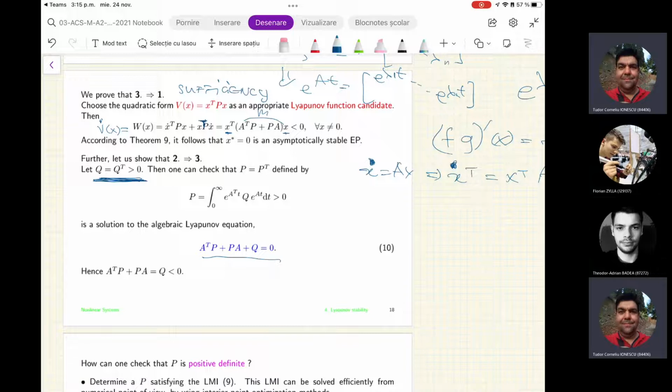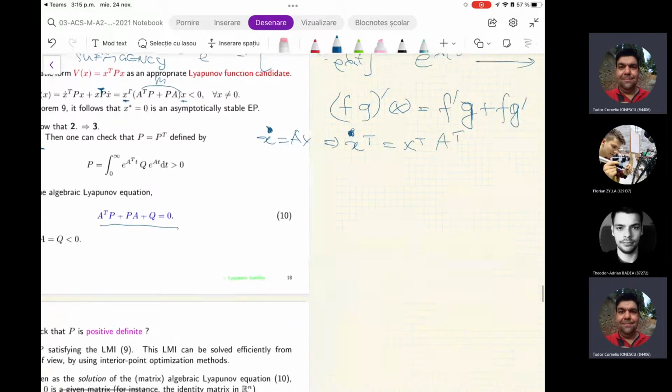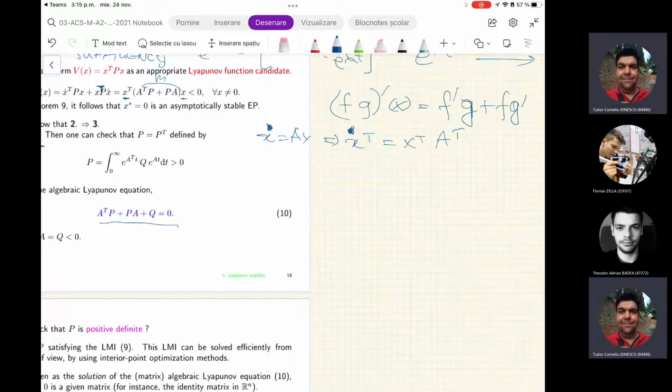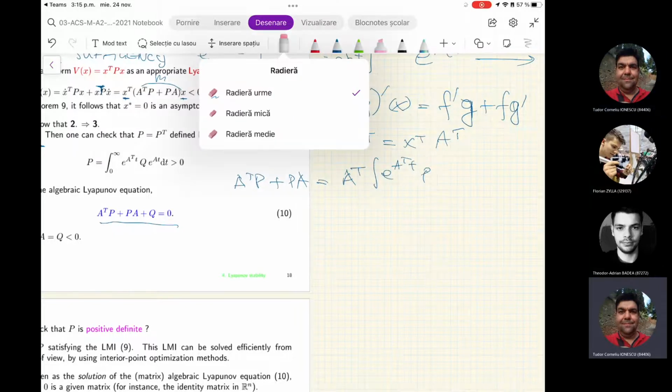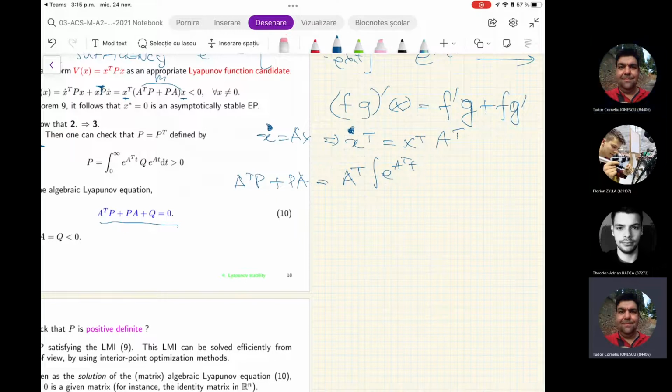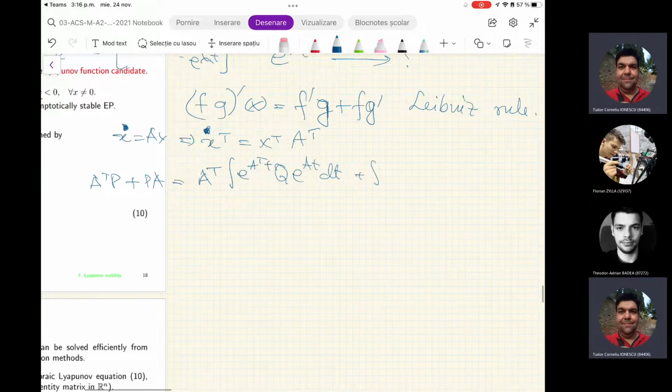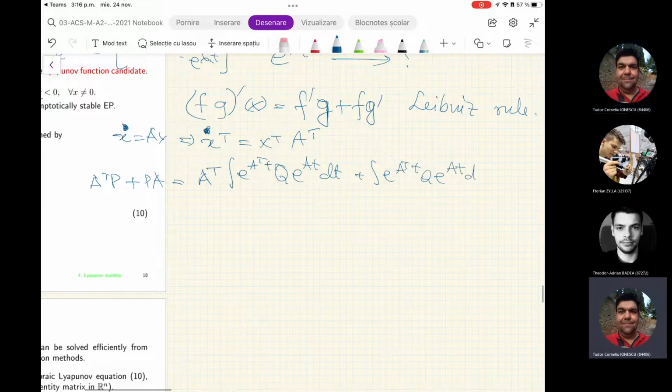It's easy to check: A transpose P plus PA equals A transpose integral from 0 to infinity of e to the A transpose t Q e to the power At dt plus integral of e to the A transpose t Q e to the power At dt times A.